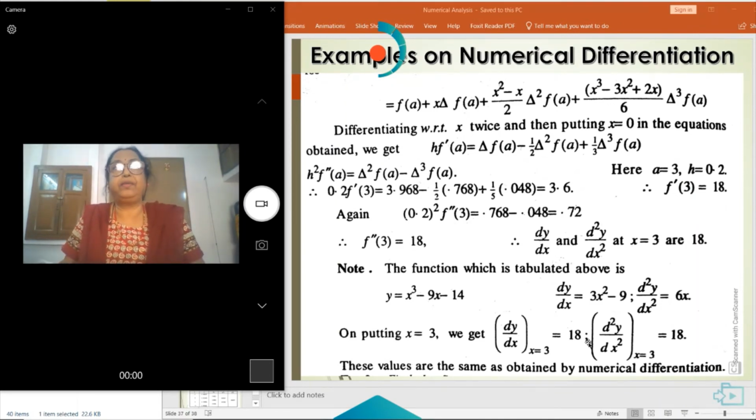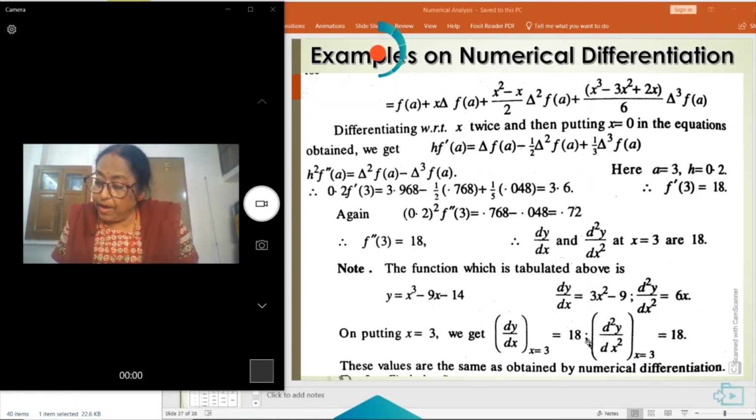Mind it, in the forward formula, a is the first value of the variable and fa is the corresponding function value. Similarly, differentiating again, we get h square f double dash (a plus xh) is equal to delta square fa plus (x minus 1) into delta cube fa and so on.